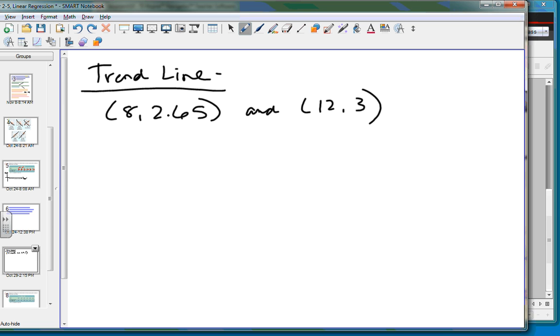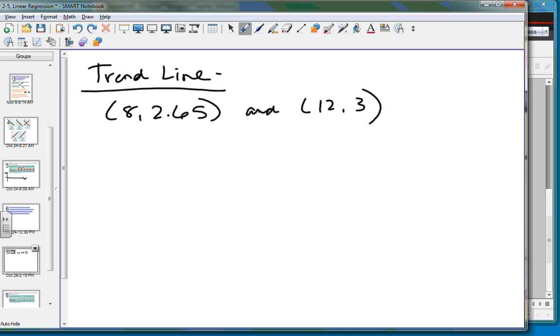Meaning, in the year 1998, the cost of the gallon of milk was $2.65. And then in 2002, the cost per gallon of milk was going to be $3. Correct? That's what that information means up there. Okay, 8 corresponds to 1998. 12 corresponds to 2002. Everybody good on that?